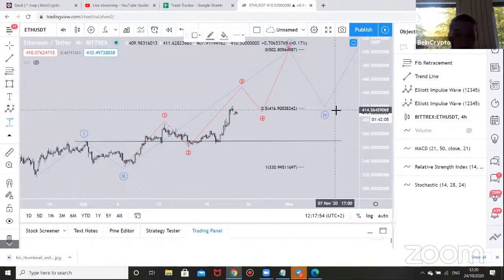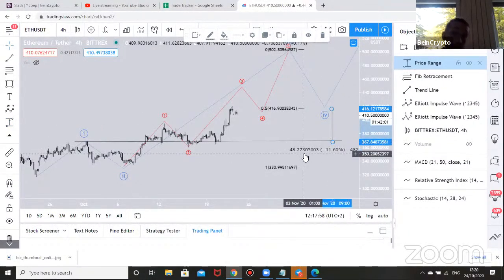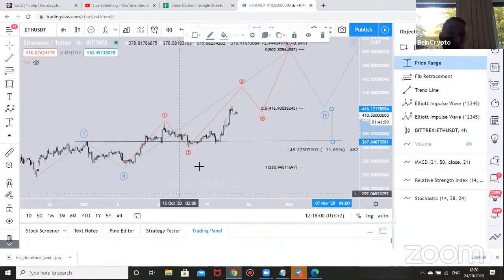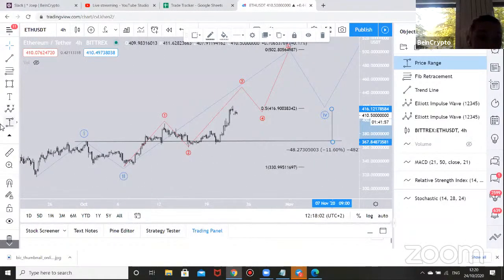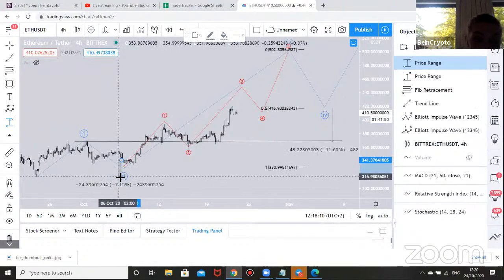Then, yeah, this would still be 11% loss, which is pretty big in my case. I wouldn't like that. While in the other case, if you had caught the move somewhere here and you're placing a stop below the low of wave 1, this would be a much lower 7% loss.